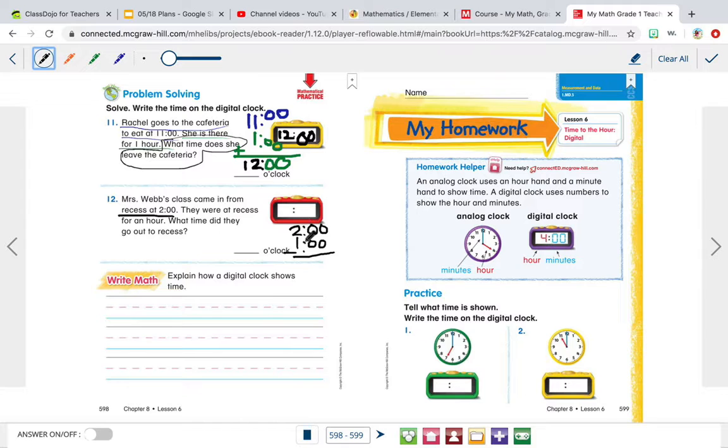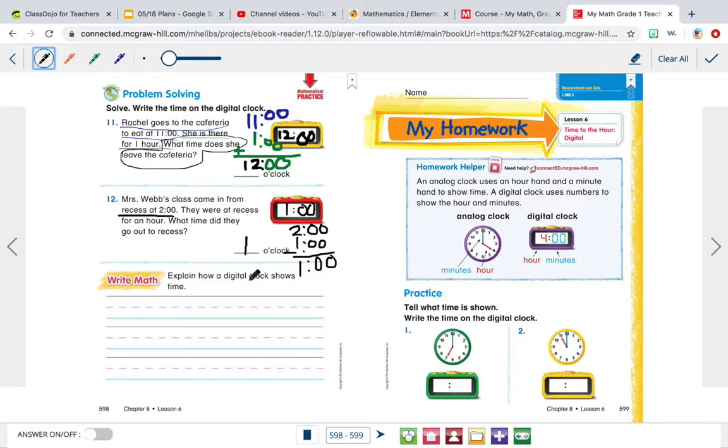So we have 2 take away 1. So we're going to take away 1 hour. So 0, 0, 0, 0. We're just going to bring down all our zeros. Bring down our colon. 2 take away 1. I know 2 take away 1 is 1. And that means that they went out at 1 o'clock. So we had 2 o'clock, we took away 1 hour, and we got 1 o'clock.